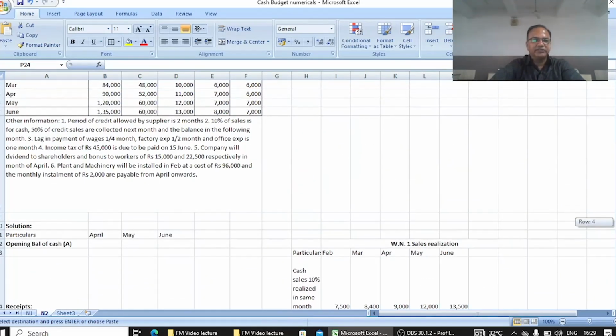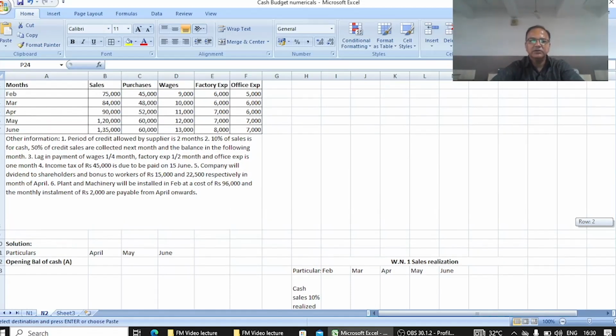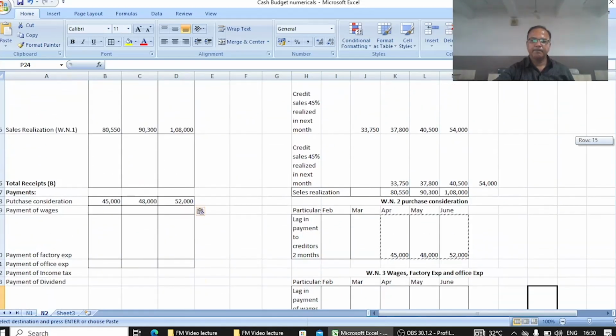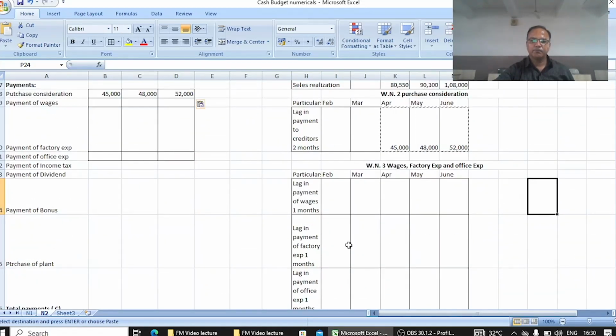Now, information number 3, lag in payment of wages. 1/4 month. 1/4 month means 3/4 wages is paid in the same month and 1/4 is paid in next month. Lag in payment of wages.